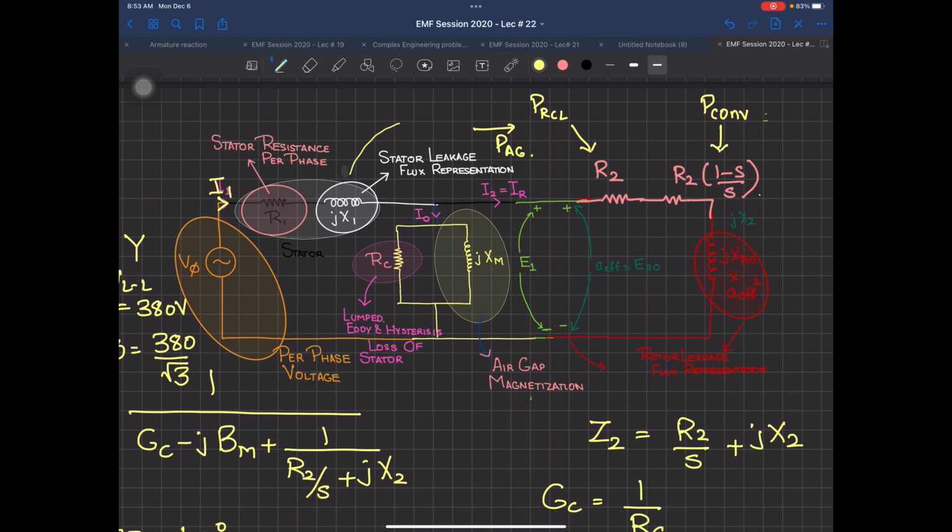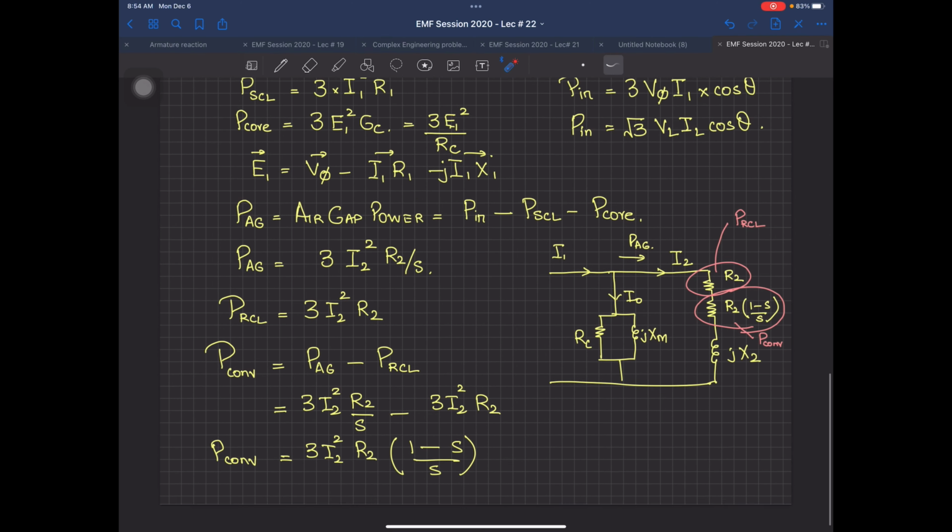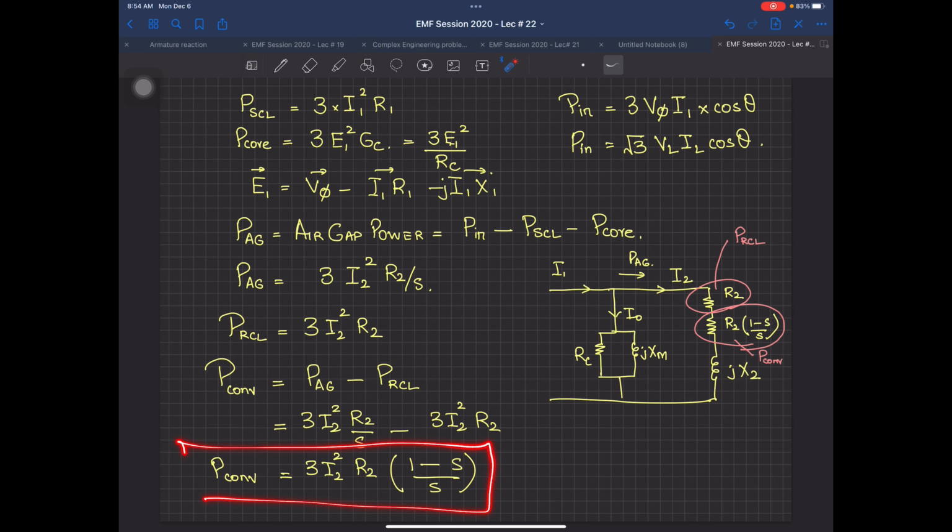One is the RCL, the other one is the P converted. This is also telling you that if S changes, this resistance changes. So the mechanical power being produced also changes because the machine is being loaded with more load or less load. This resistance will change. So this P converted over here is equal to the power in this resistance.